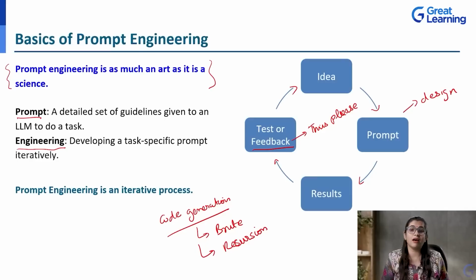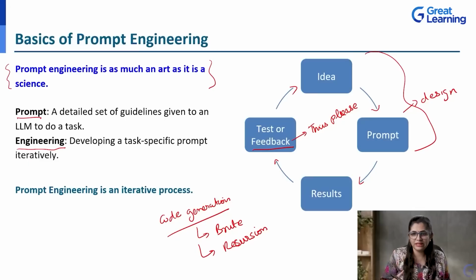How is it an art? It is an art because when you conceive an idea and when you write a prompt, it is your creativity which comes into the picture. However, the science part comes in when you provide your generative model or LLM, or in this case, ChatGPT, the prompt, and it gives you the result.